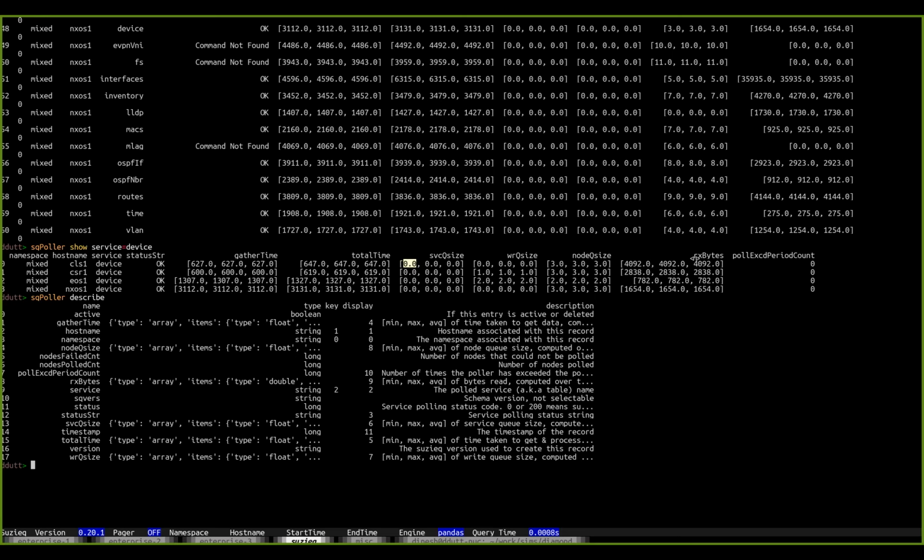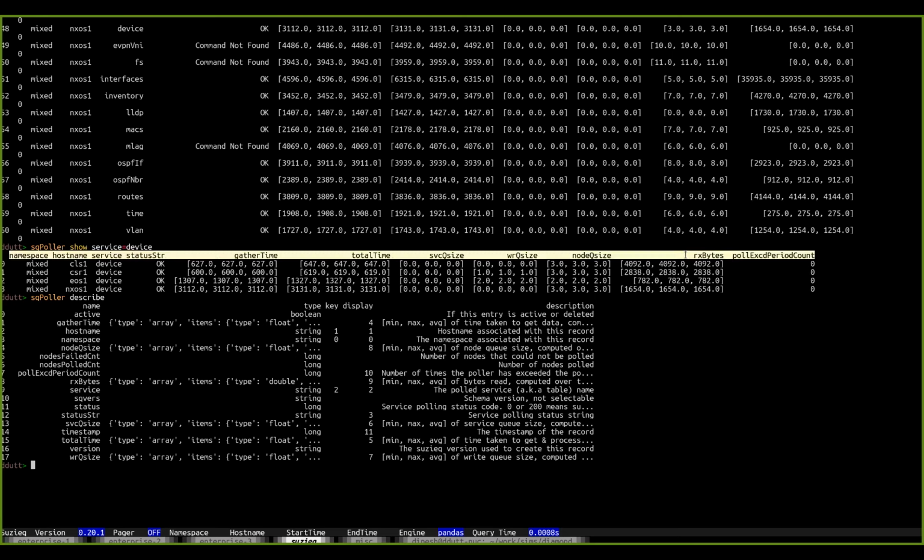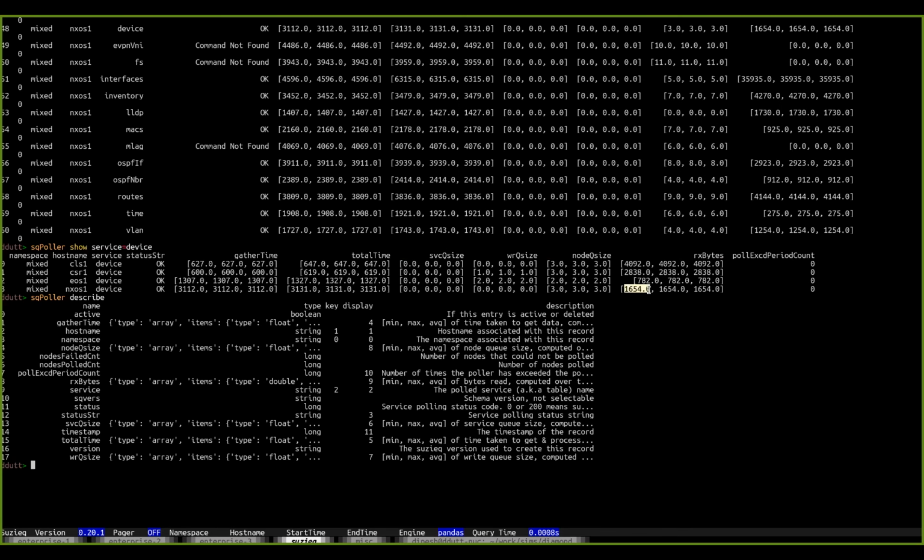The last part is the number of bytes. This tells you how many bytes we get back for the data, and if this number changes, that's another indication of what's going on. Now, if you take the case of routes or MAC addresses, those numbers will obviously change, because the number of routes will change and the number of MAC addresses will change.